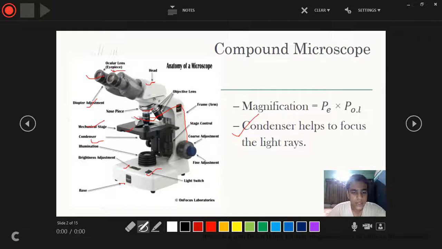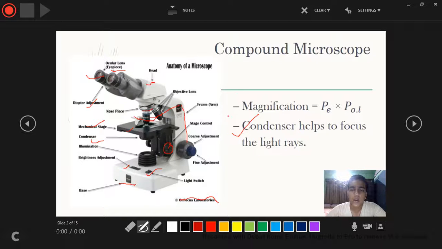This is the base piece, the source of the light. Then there's the stage control, which controls how the mechanical stage can be moved down and up. Okay, this part is not much required.